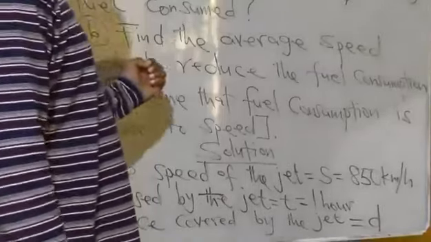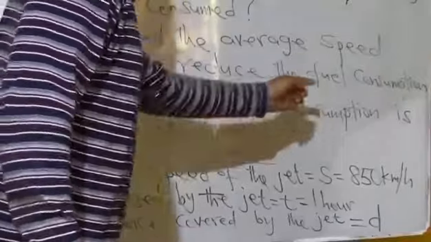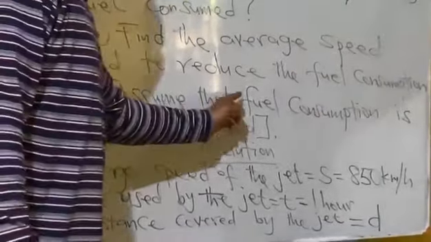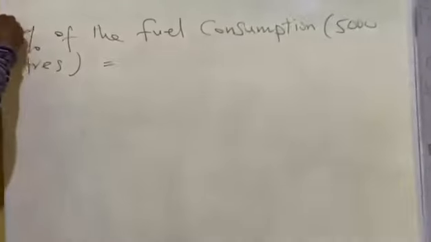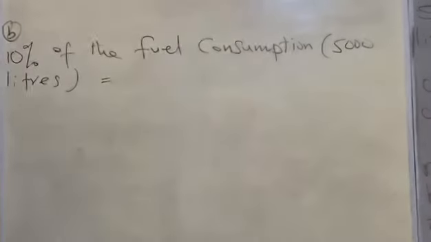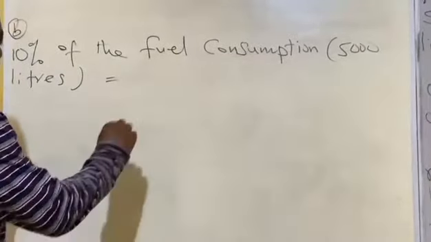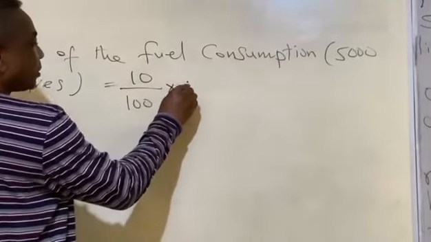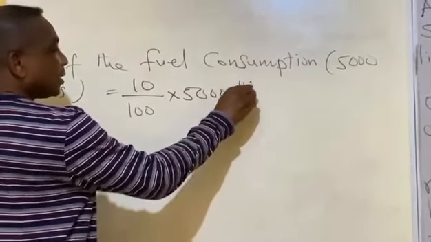B. Find the average speed required to reduce the fuel consumption by 10%. Assume that fuel consumption is proportional to speed. So B, 10% of the fuel consumption is equal to 10 over 100 times the fuel consumption, which is 5,000 liters.